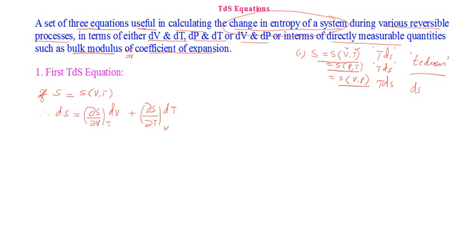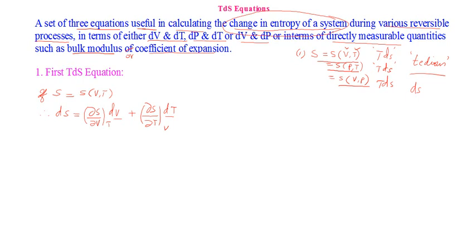You know what's the meaning of this one? We have already mentioned the meanings of such relationships. It's the change in entropy. It's the infinitesimal change in entropy for a system due to an infinitesimal change in the volume of the system dV and an infinitesimal change in the temperature of the system dT occurring simultaneously.